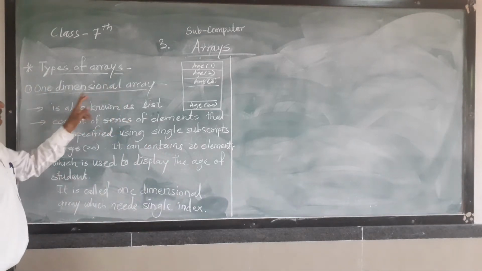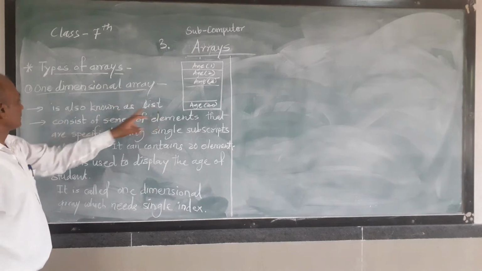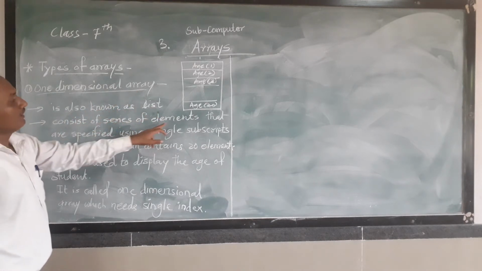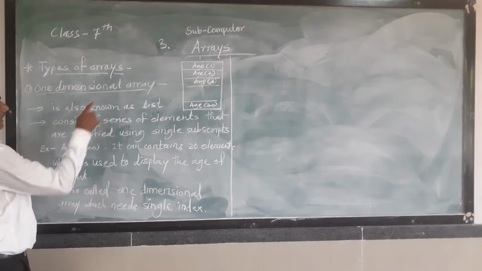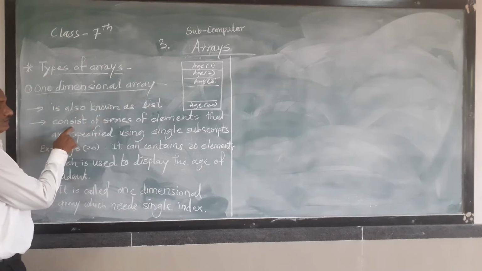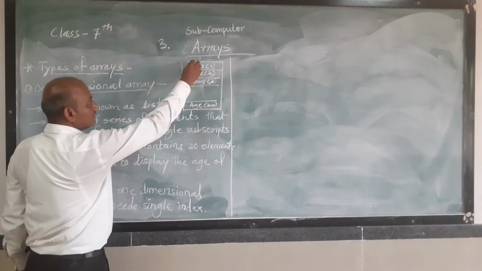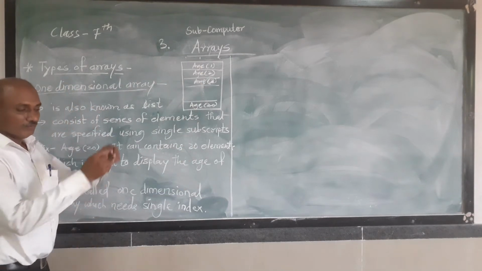Now, a one dimensional array, also known as a list, consists of a series of elements. These are the series of elements from first to 20.